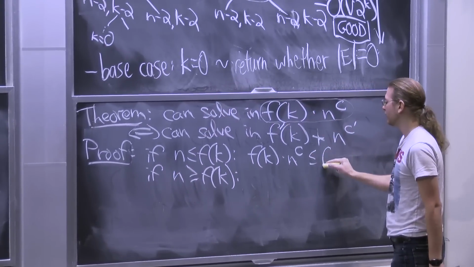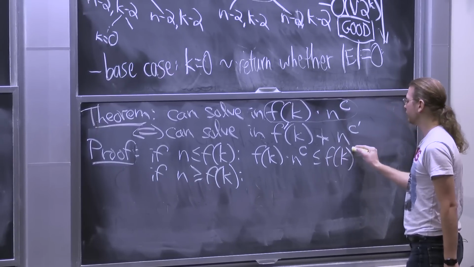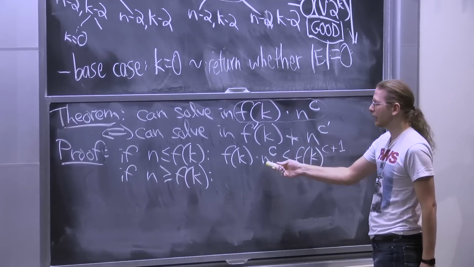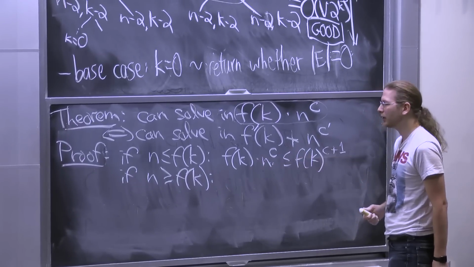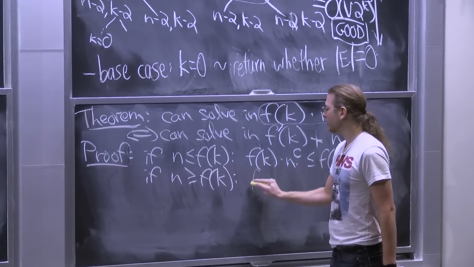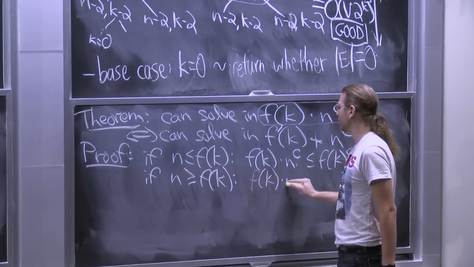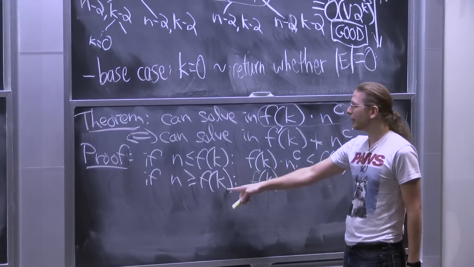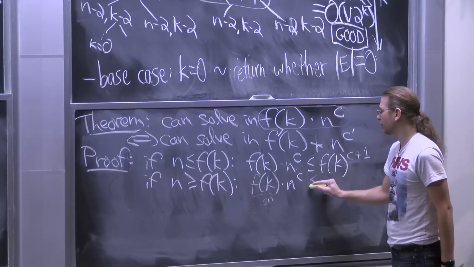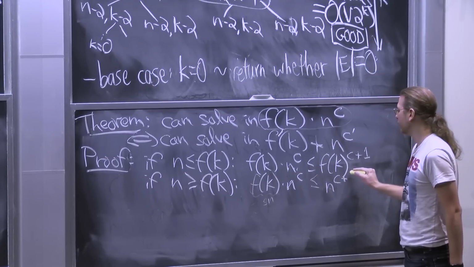So this is at most f of k to the c plus 1 power. Right? I multiply f of k to the c times f of k. When n is greater than f of k, then I know that this running time, f of k times n to the c, well, now I know an upper bound on f of k. I know that this thing is at most n. And so this is at most n to the c plus 1.